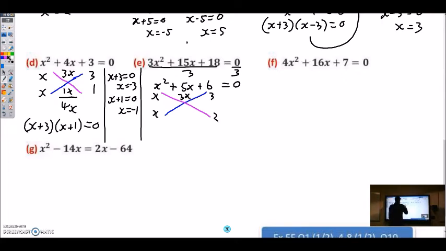Such that we will end up with 3x and 2x, which add to 5x. I'm going to rewrite my equation in factorized form. So we have x plus 3, x plus 2, all equal to 0.